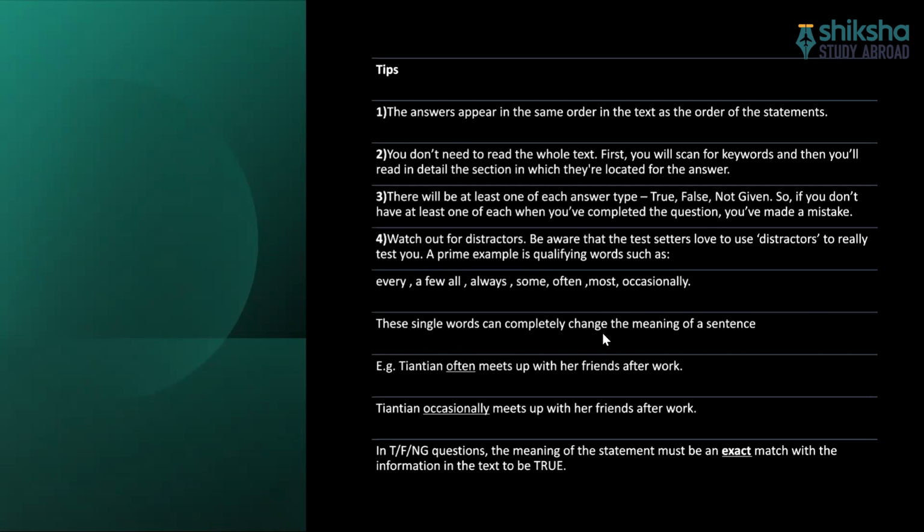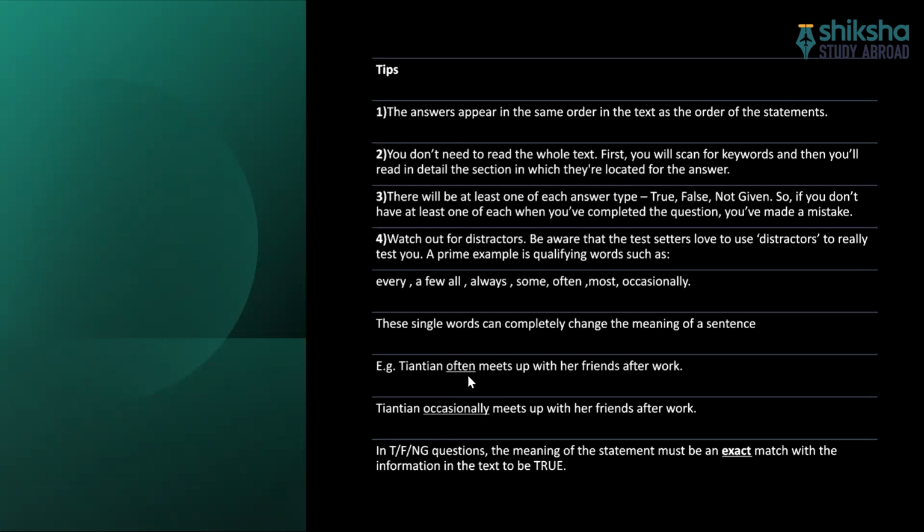These single words can completely change the meaning of a sentence. Example: Titanian often meets up with her friends after work. Often is the keyword here. Next: Titanian occasionally meets up with her friends after work. So often and occasionally are contradictory words. Often means very frequently and occasionally means rarely.